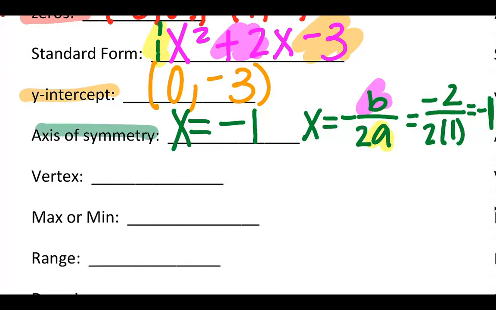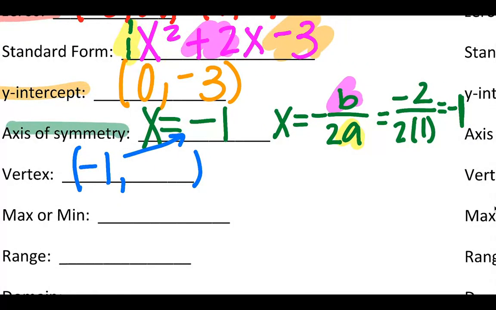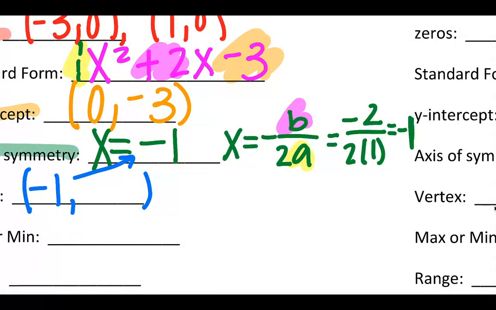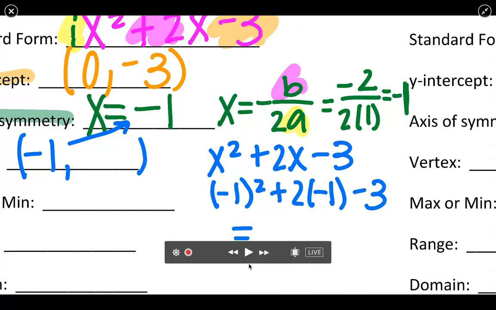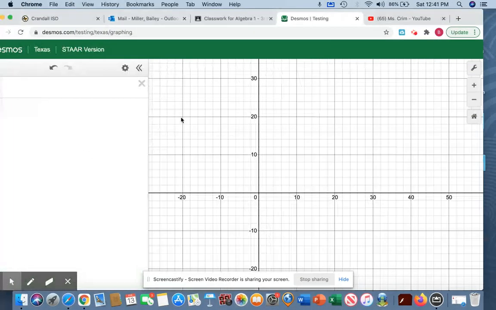To get the vertex, it's negative 1. Again, I'm using this. Then I plug it back in to the X squared plus 2X minus 3, except I'm plugging in negative 1. So I really have negative 1 squared plus 2 times negative 1 minus 3. If you want to save yourself a little bit of work, you can plug it into Desmos.